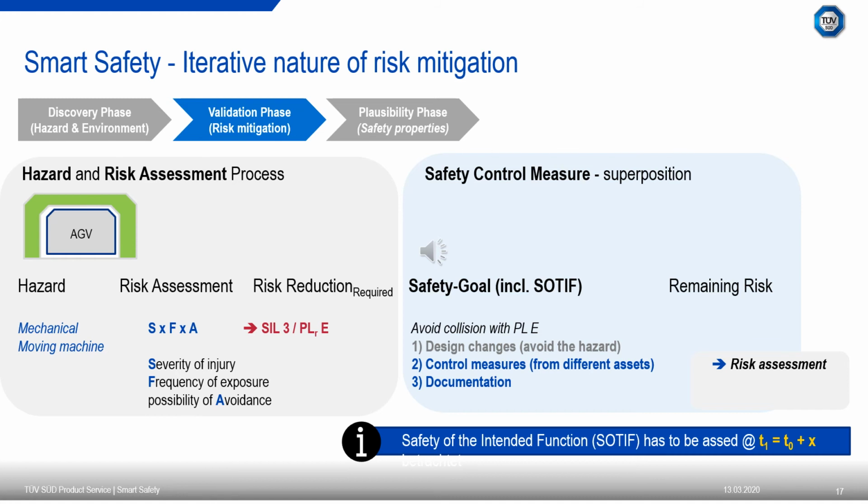So there is no additional safety control measure that the target function by itself have to ensure the safety or control the safety functionality. And then we have learned in the last slide that the safety measure by itself could be the source or the root cause for another hazard. So we need a small risk assessment in the situation, and that's the iterative nature of risk assessment at runtime.